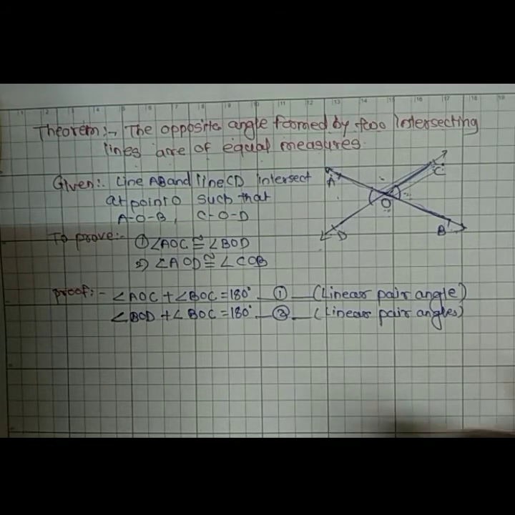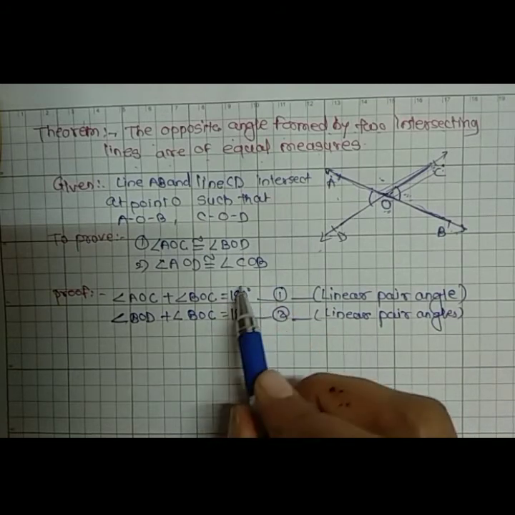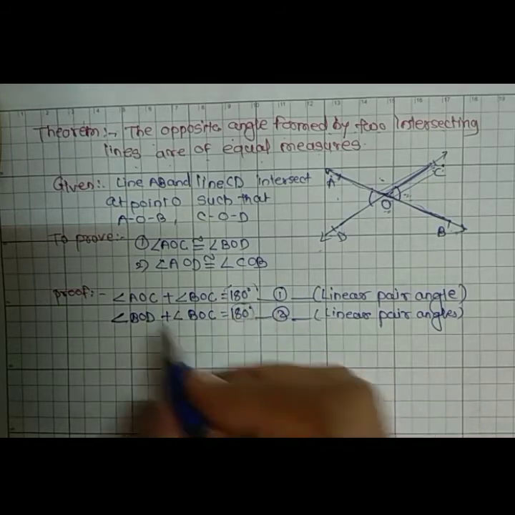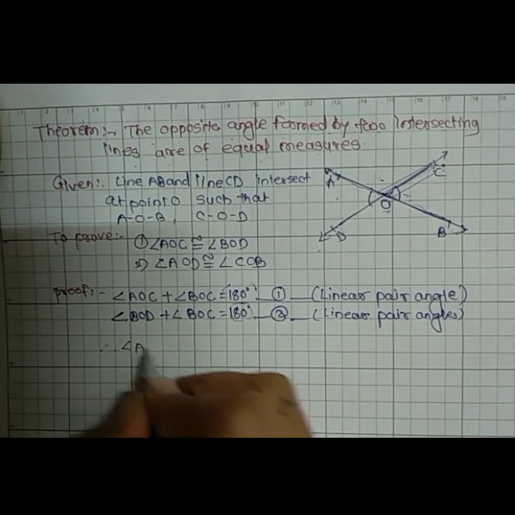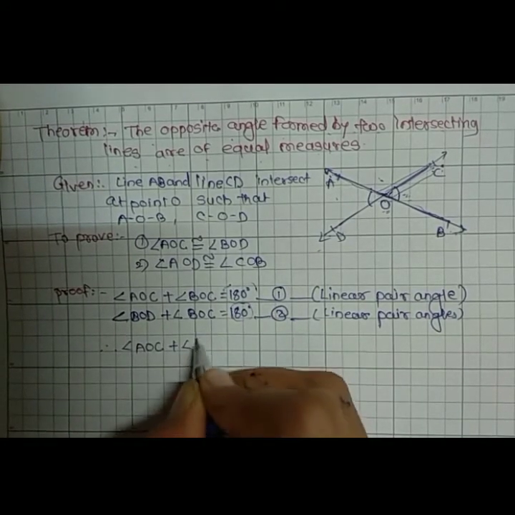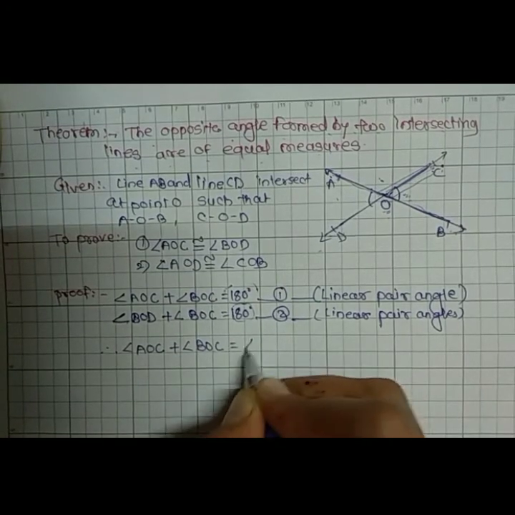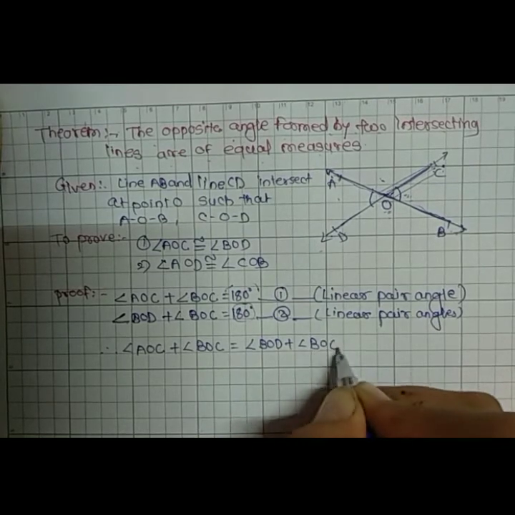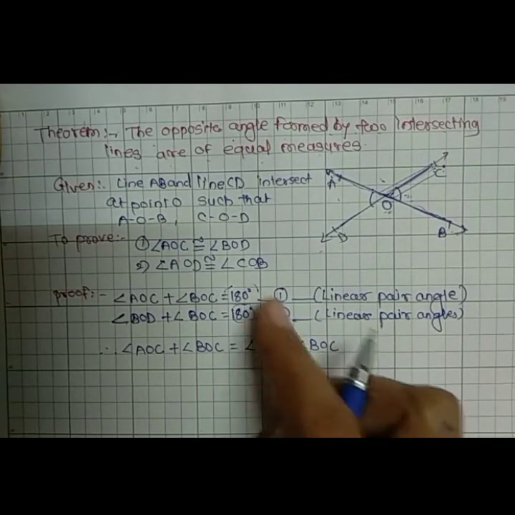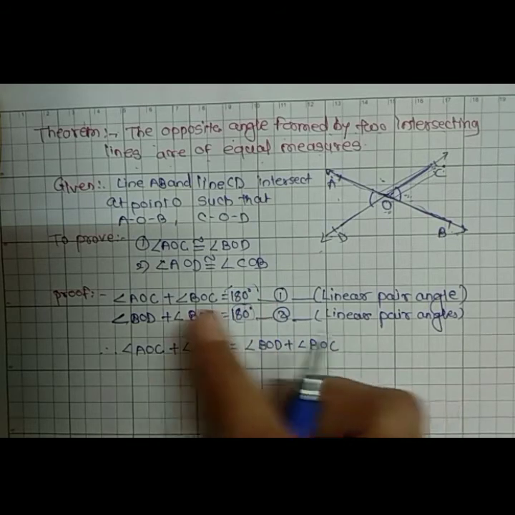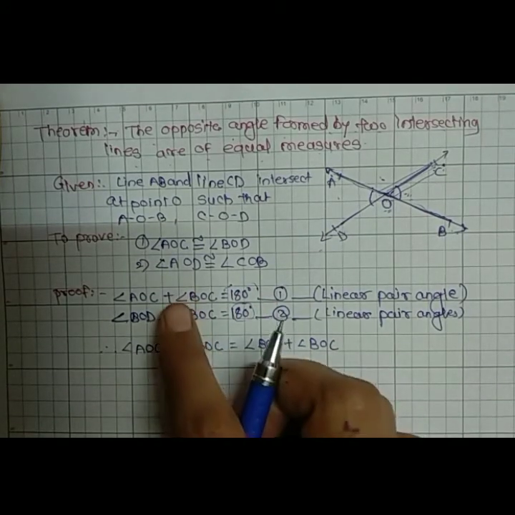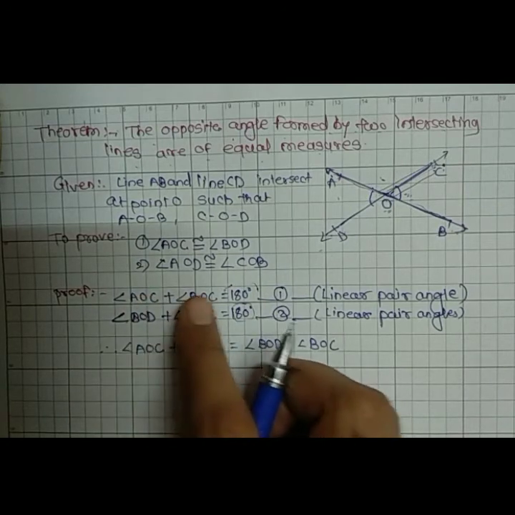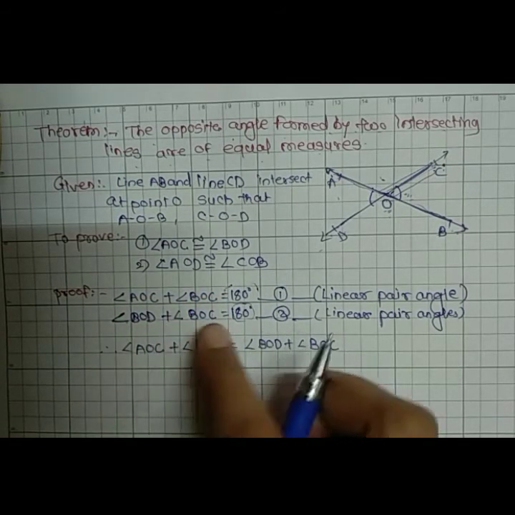Now from statements 1 and 2, their RHS, 180 degrees, is equal. So angle AOC plus angle BOC is equal to angle BOD plus angle BOC, because in these two statements their RHS is equal, so the LHS is also equal. LHS means left hand side, RHS means right hand side.